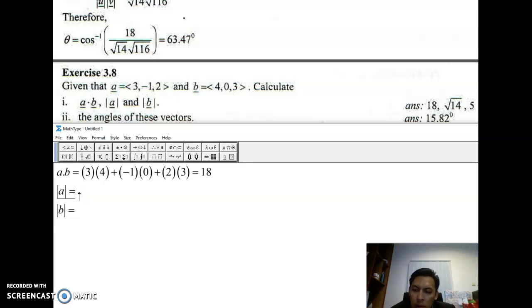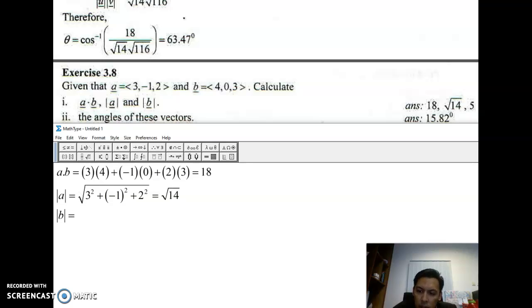And then the length. As usual, we are going to sum all of the squares. For A, we have -1 squared plus 2 squared, and this will give us 14.